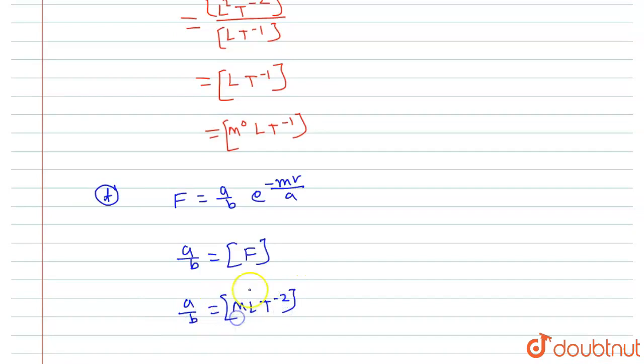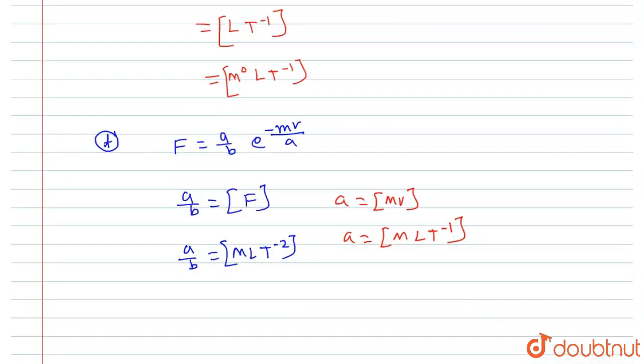Now, the dimension of A should be equal to the dimension of MV, because this is e to the power this, which is a dimensionless quantity. So the dimension of MV: M is mass, and V is L T minus 1. So this is the dimension of A.